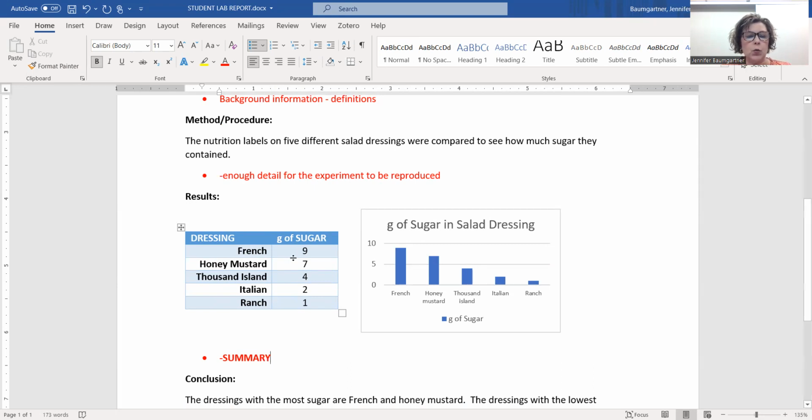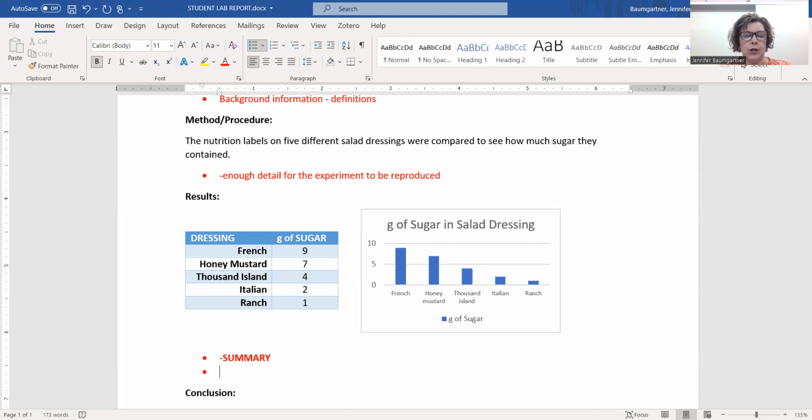Also, in your summary, you almost always want to use a table or a graph. And we're going to look in a lot of detail at what graph to choose and how to make those graphs. What you do not want to put in your results section are reflections on what your data shows. So in this section, you have no conclusions or ideas.